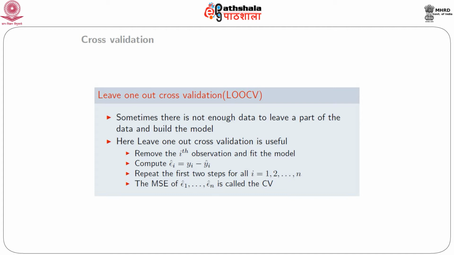Now, ei star is obviously the predicted residual, and we repeat this step for i equals 1 to n. Then from e1 star to en star we calculate the MSE, and this is called the CV, or the cross validation. Note that this has a striking resemblance with the jackknife procedure, where the statistic is computed leaving one observation out, and then that is repeated for all the observations.